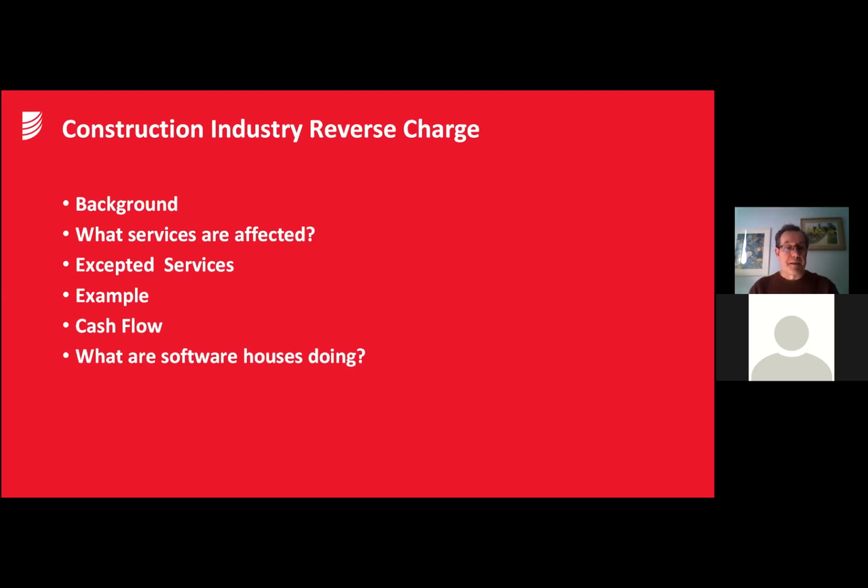We'll be looking at an example of an invoice going from a supplier to a recipient under the construction industry reverse charge scheme. We'll be talking about the cash flow impact of the reverse charge on buyers and sellers of affected services. And finally, we'll be talking about what software houses are doing in terms of enabling people affected by the reverse charge to record their sales and purchases correctly.